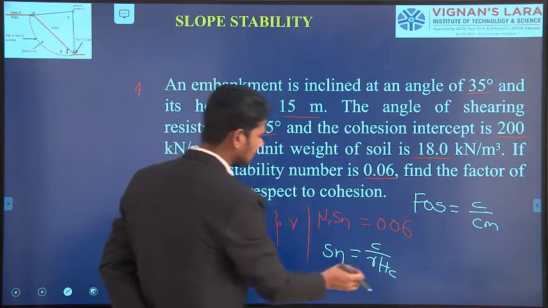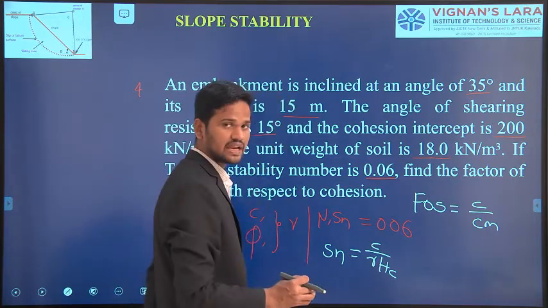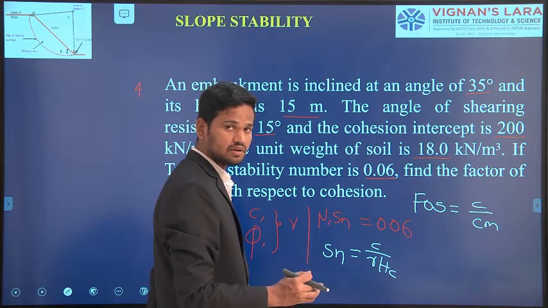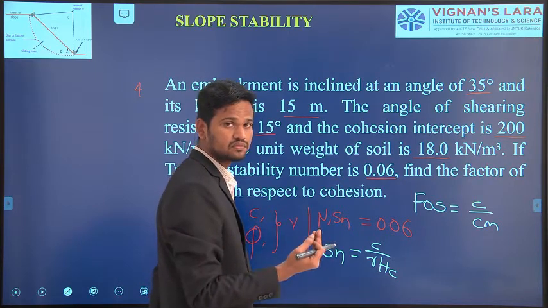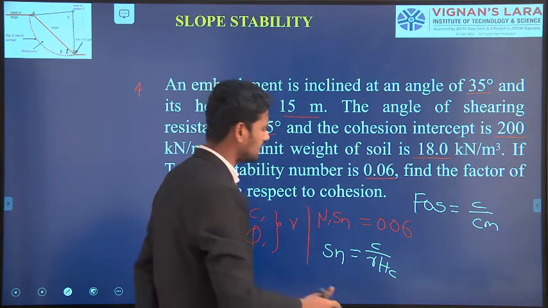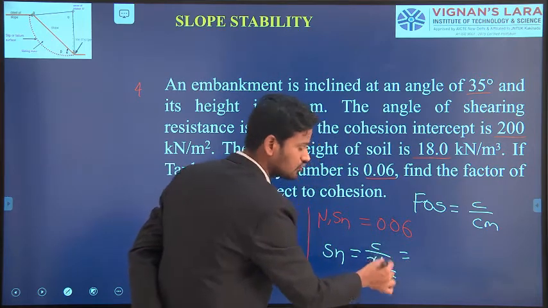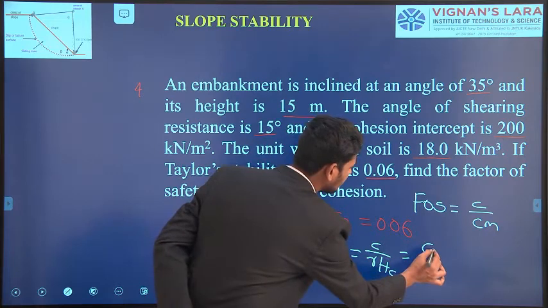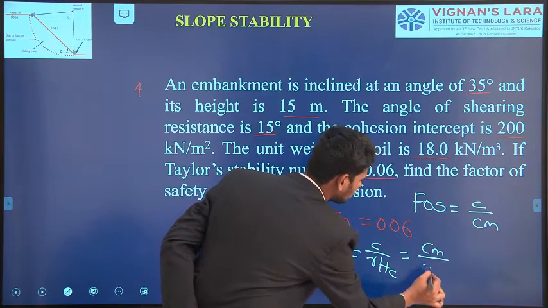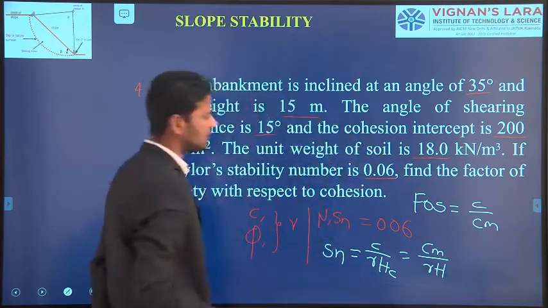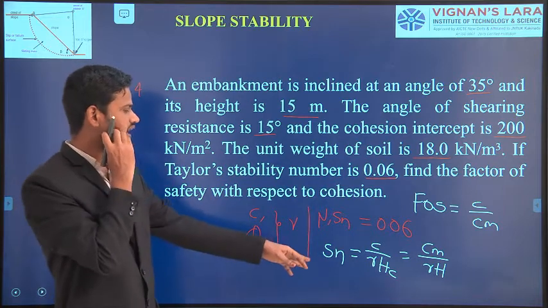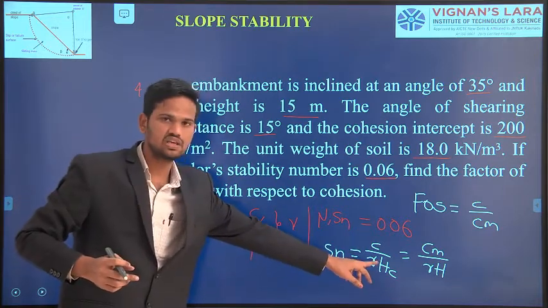If you observe here from this concept, we have already derived the stability number in terms of mobilized cohesion. In terms of mobilized cohesion, we have stability number Sn equal to Cm divided by gamma into capital H, where stability number Sn equals C by gamma Hc.